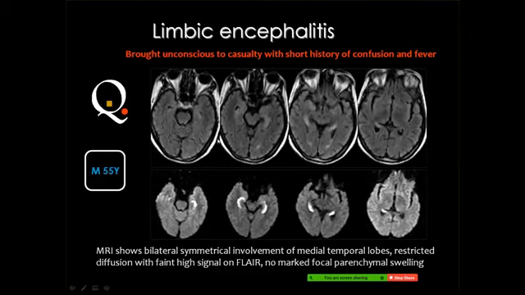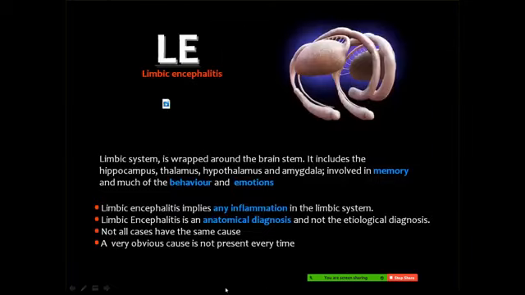You remember that if you have involvement of the hippocampus and the amygdala on one side, which will appear as bright signal in the FLAIR images, then you say that this is mesial temporal sclerosis. But if you see bilateral lesions affecting the whole course of the hippocampal system, the amygdala, the hippocampus, the body, and the tail of the hippocampus, then you know that this is limbic encephalitis.